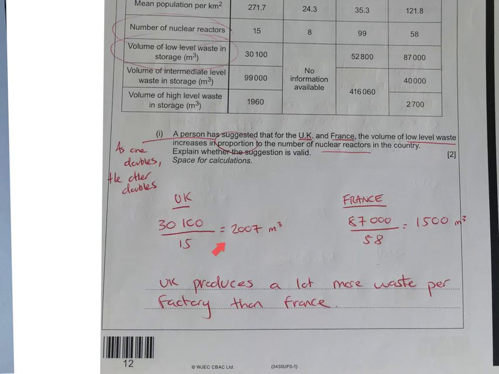So for every power station, really, we're getting 2,007 meters cubed of waste. For France, it's got 58 stations, but it's got waste of 87,000. So even though there's more power stations, there's more waste, but there's less waste per power station there. So the UK produces a lot more waste per factory than France.